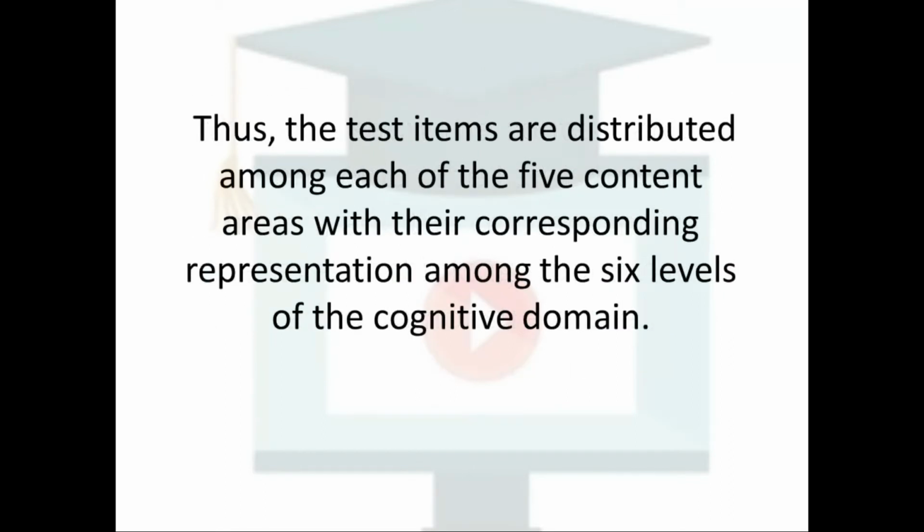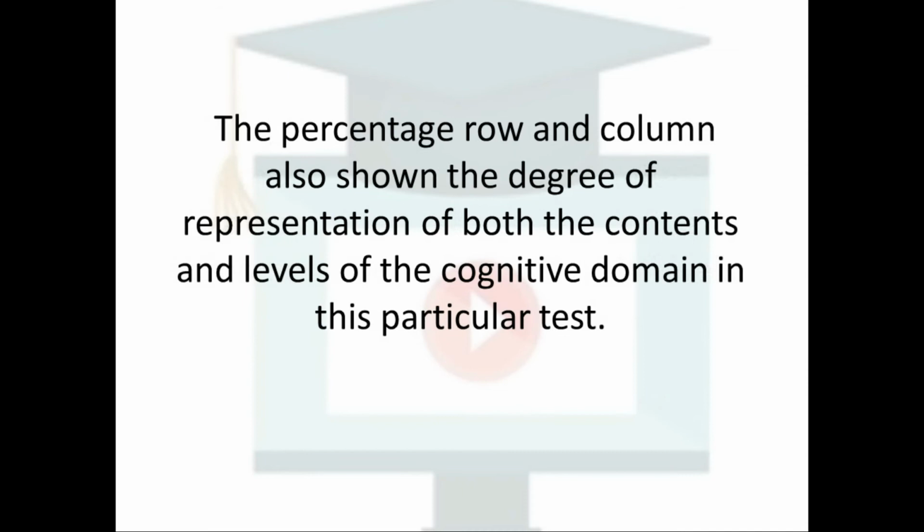Thus, the test items are distributed among each of the 5 content areas with their corresponding representation among the 6 levels of the cognitive domain. The percentage row and column also show the degree of representation of both the contents and levels of the cognitive domain in this particular test.